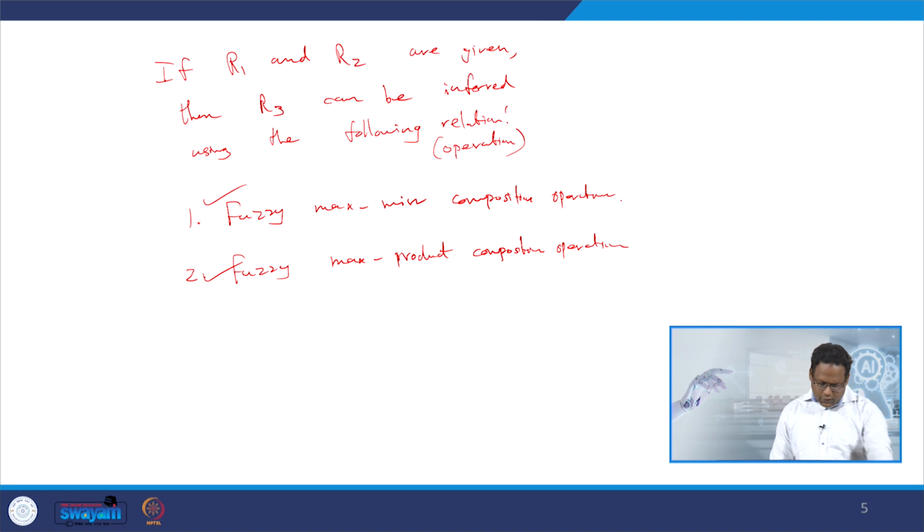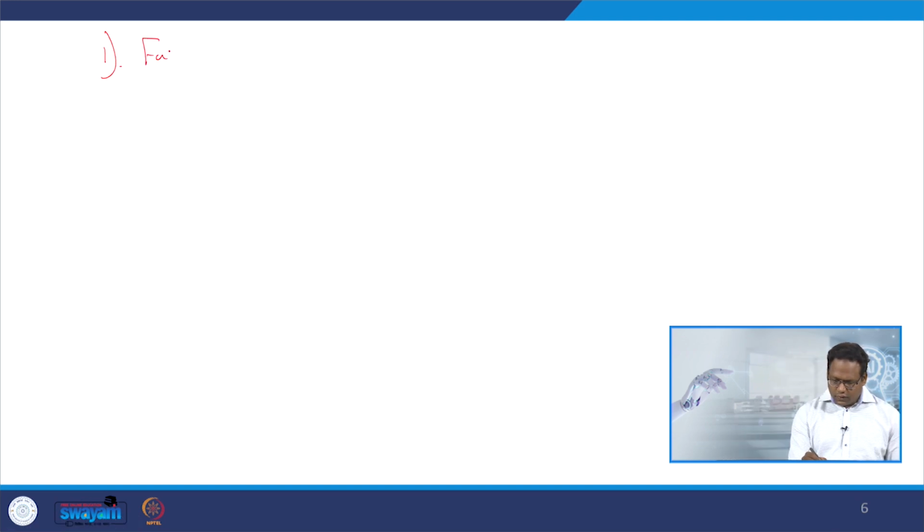Okay, now let us see what is fuzzy max min composition. The first one, let us take fuzzy max min composition operation. We can see this with an example.